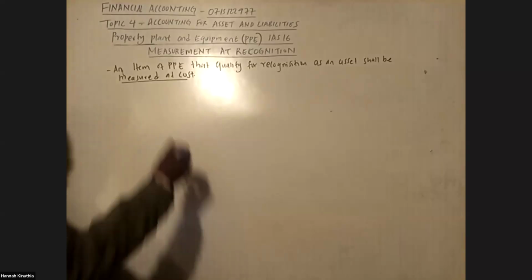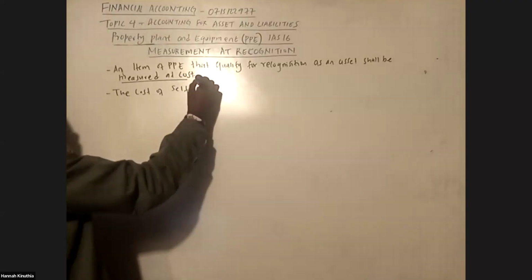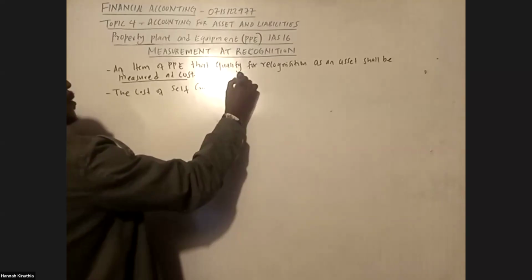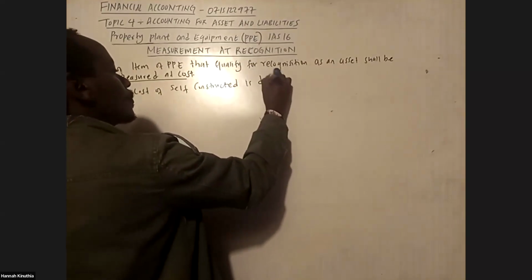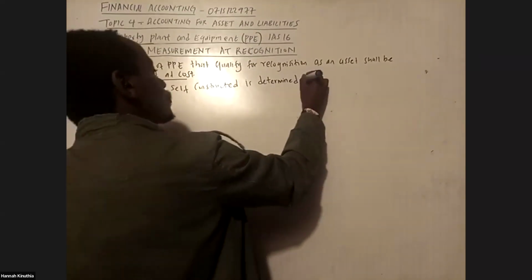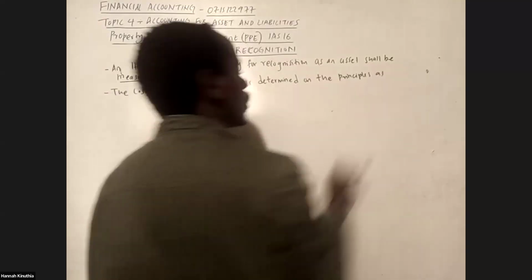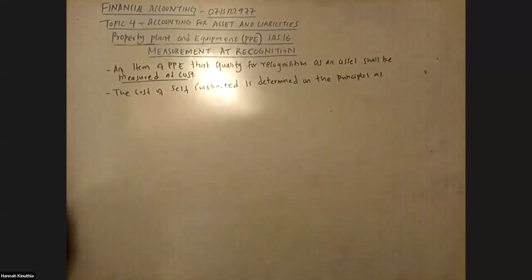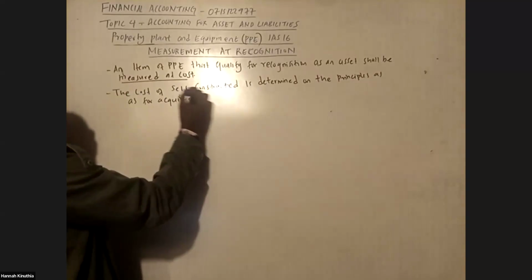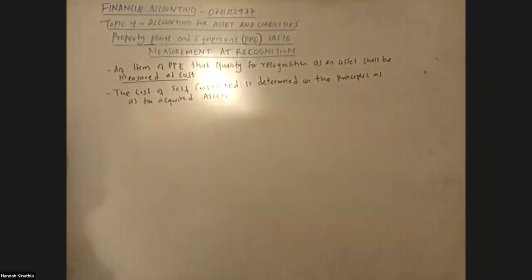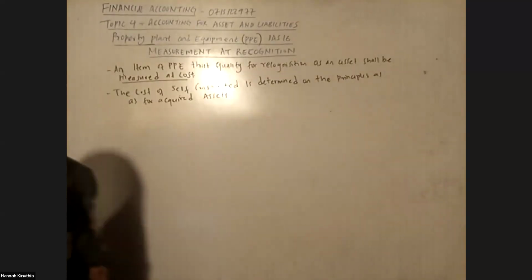So we say the cost of self-constructed assets is determined on the same principles as for acquired assets. So that's the cost of an item of PPE.